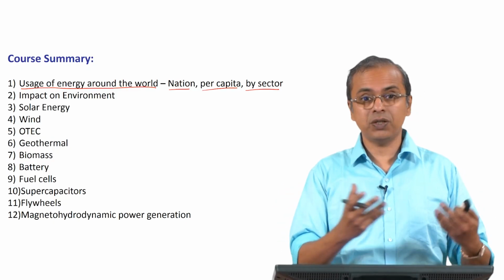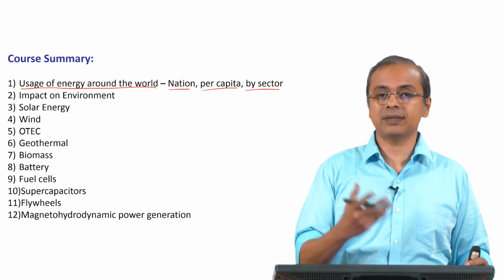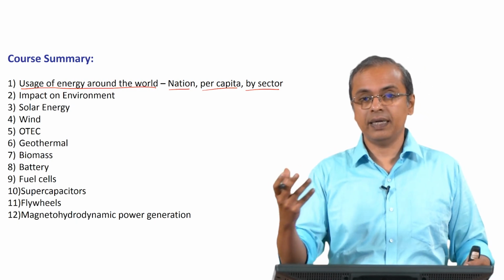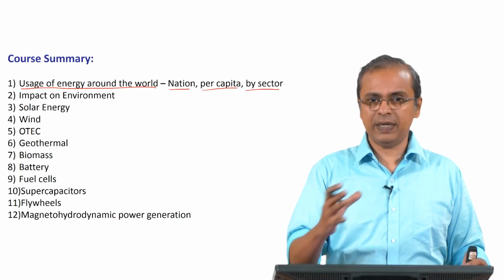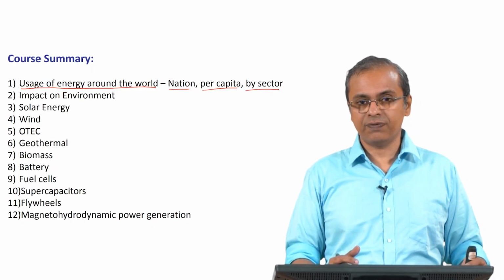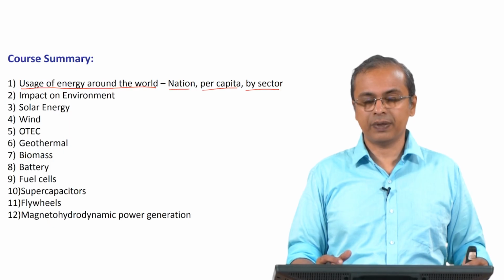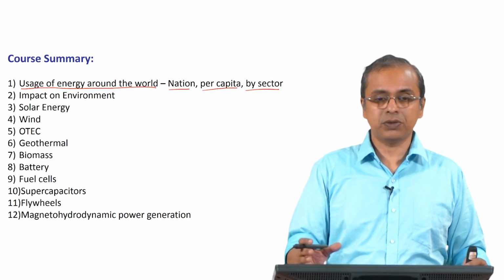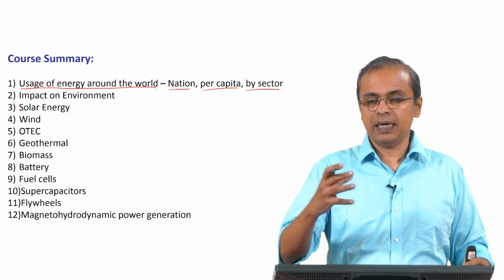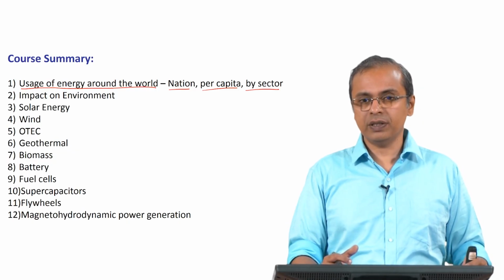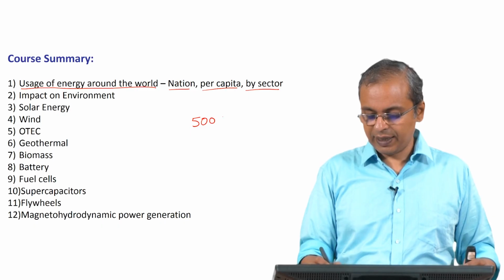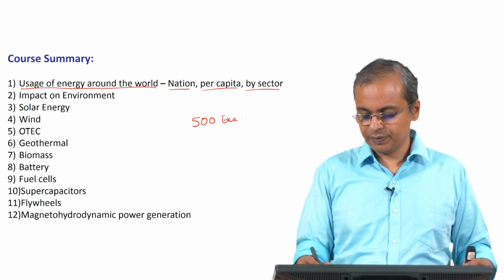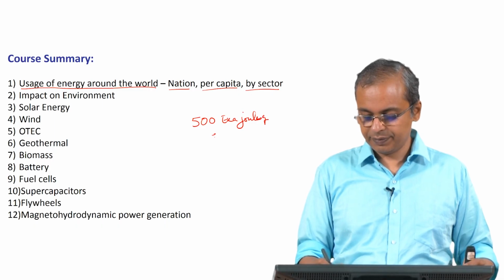In the nation to nation comparison, what is the difference in the mix of energy that they use, the sectors which use more energy in specific nations, and so on. So, a lot of detailing we looked at of these kinds of pieces of information, and we also pulled all this information together by saying that human beings on average are using 500 exajoules of energy each year.